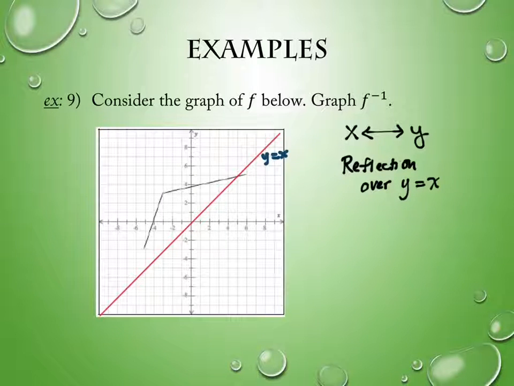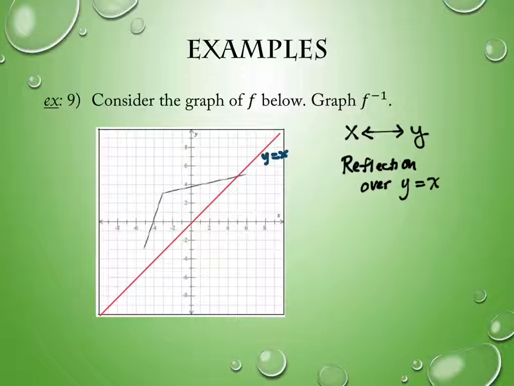And you guys know how to do reflections. We've reflected over the x-axis, we've reflected over the y-axis. Well, this is a sketch of a reflection over the y equals x line. I meant to get a line there. So it would look something like, well, almost like a kite when we're done.